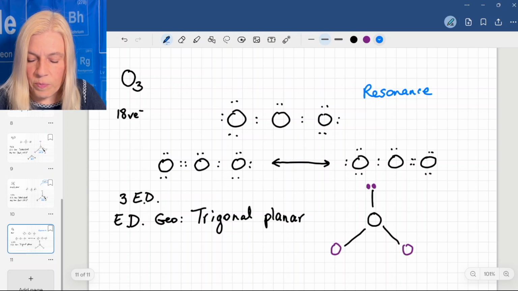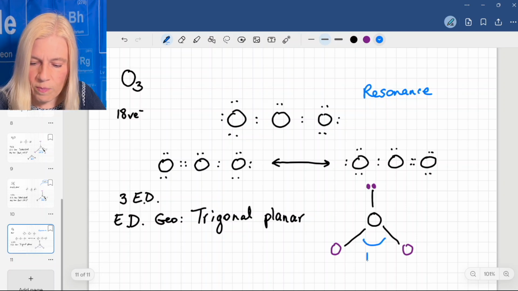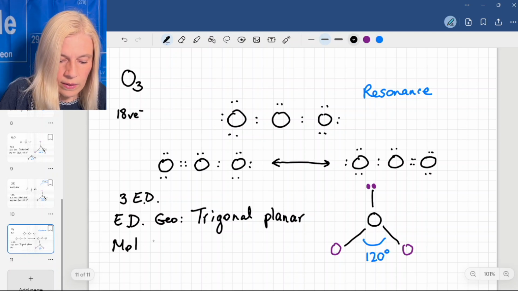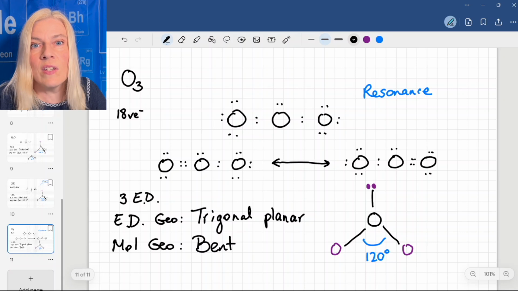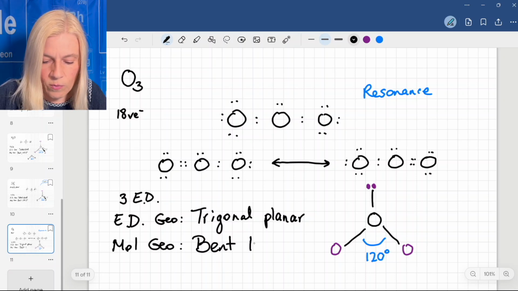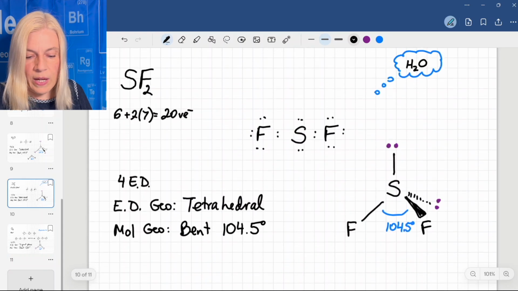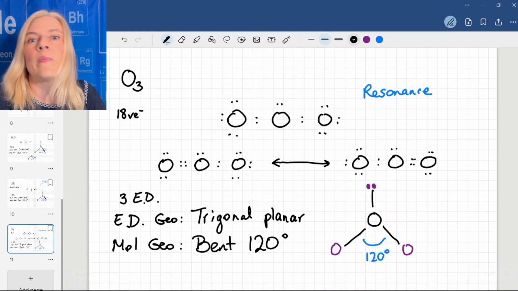So trigonal planar, it was, remember, 120 degrees between every single one of them, but the lone pair you don't see. So then our final molecular geometry is bent. But it's a different bend than you already saw. So this is bent with 120 degrees. So here was bent with 104.5, here was bent with 120.